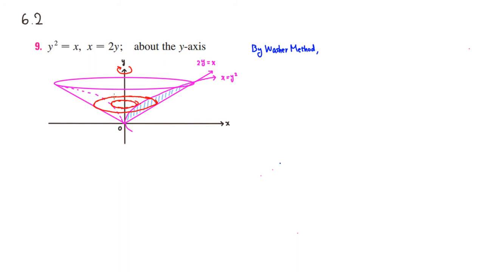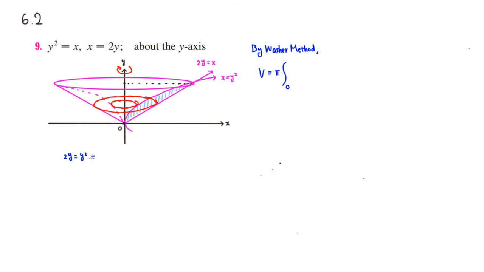So the volume is going to be pi, integral. It starts from this point, so the lower limit is 0. The upper limit is up here, which is the intersection between these two curves, so we have to find that. I set 2y and y squared together.